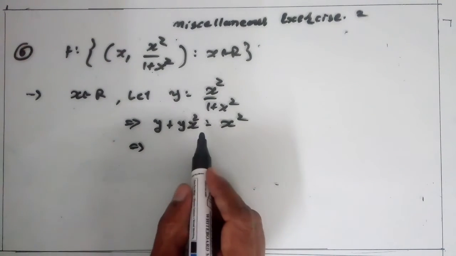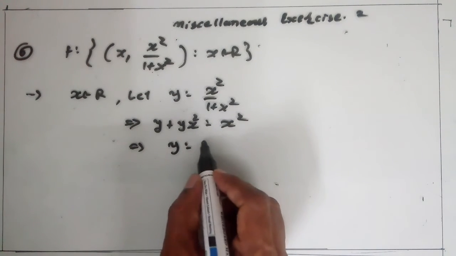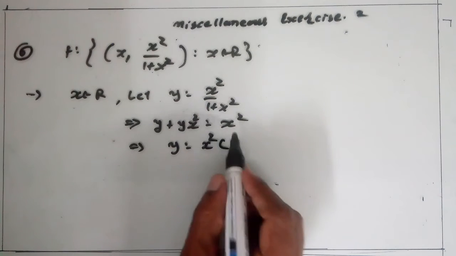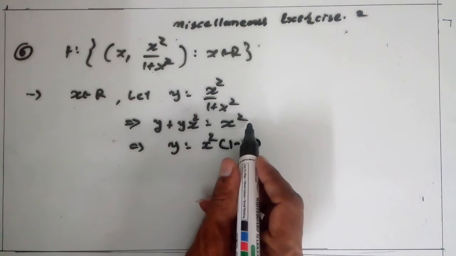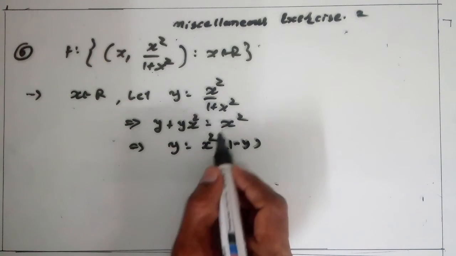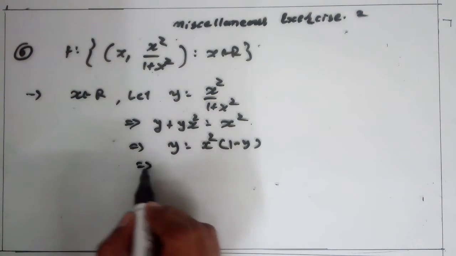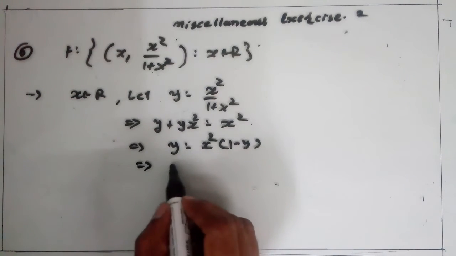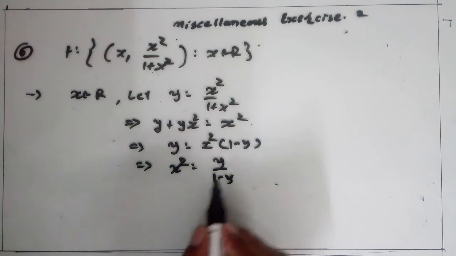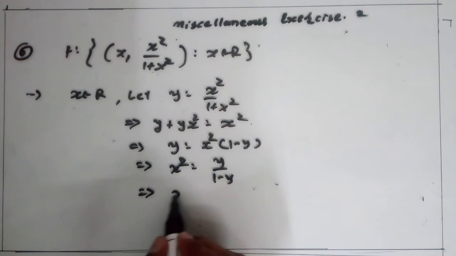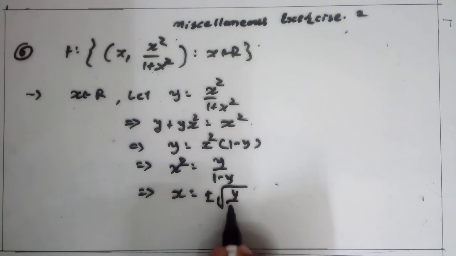So y x square, take this side, so y is equal to x square, take common, 1 minus y. So this implies 1 minus y, take this side, so we get x square is equal to y upon 1 minus y. Clear? So this implies x is equal to plus or minus root of y upon 1 minus y.